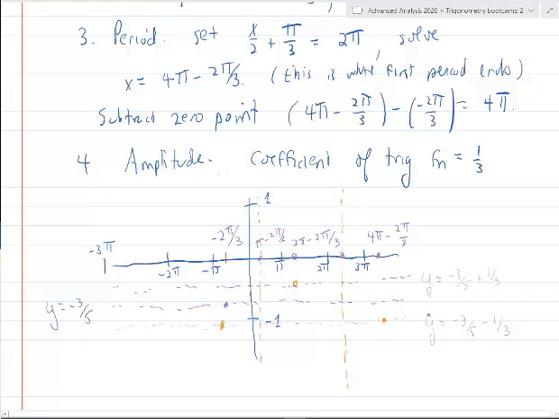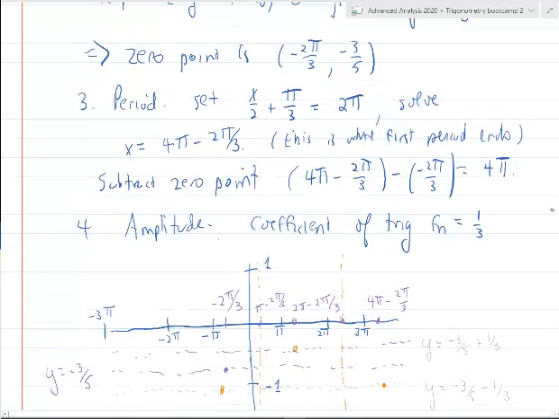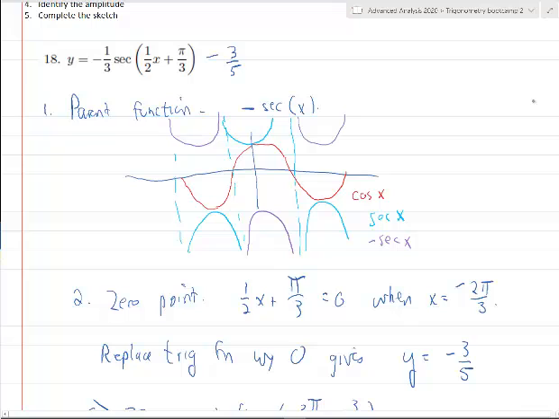Now, of course, secant does not lie between these two, but these two lines show me where the secant is. And now I follow the shape. In this case, my amplitude corresponds to the vertex point of the secant. Now, if you see here at the 0 point, I go down to minus 1.